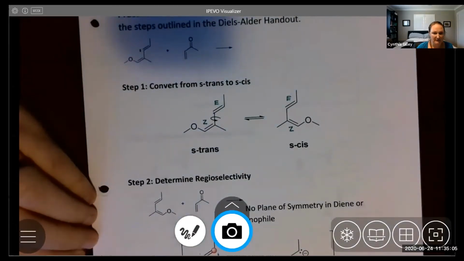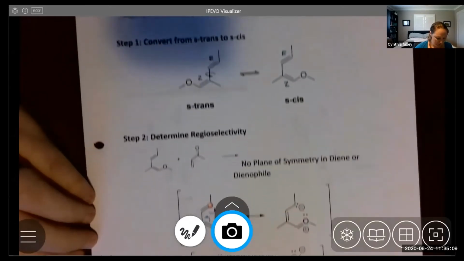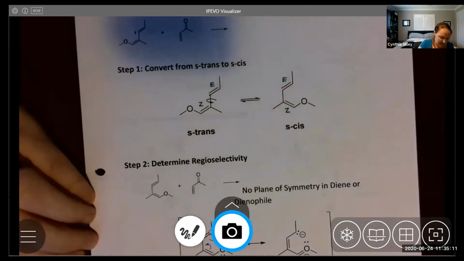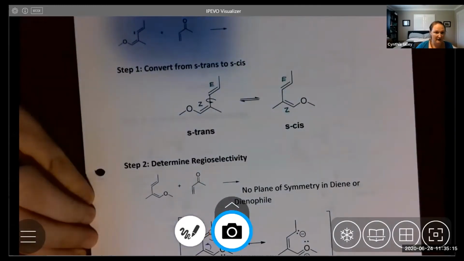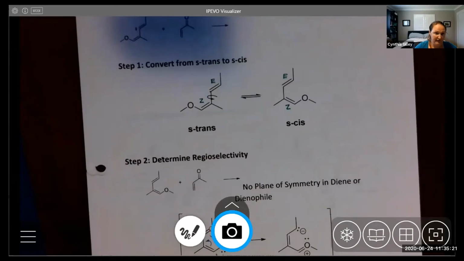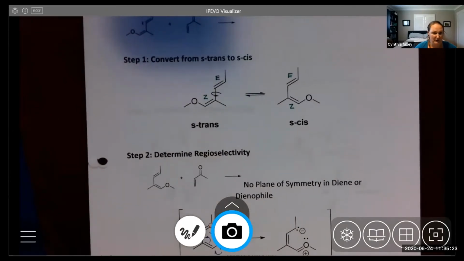And we did not. Or you can just imagine, take this bottom half and flip it over, draw a mirror image. And that works out. So if given it in S-trans, you have to rotate to S-cis.